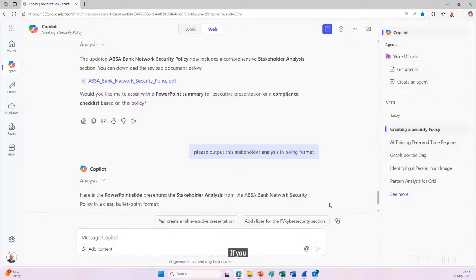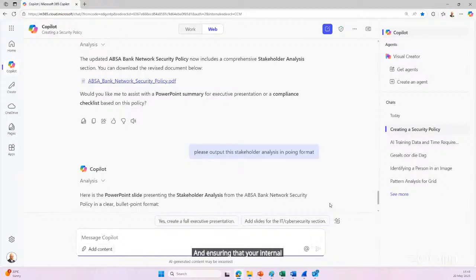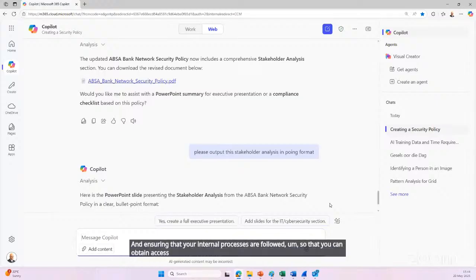If you have a subscription with them, you already have payment terms associated with it. Generally speaking, it is more about your internal processes and ensuring that they are followed so that you can obtain access to the AI services.